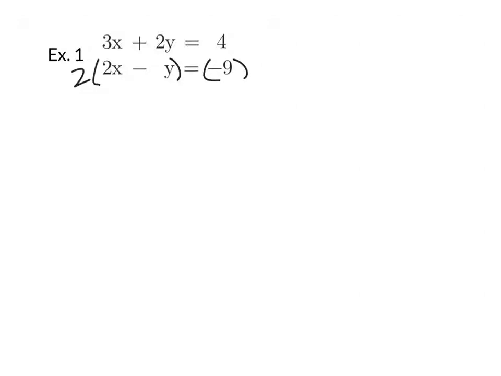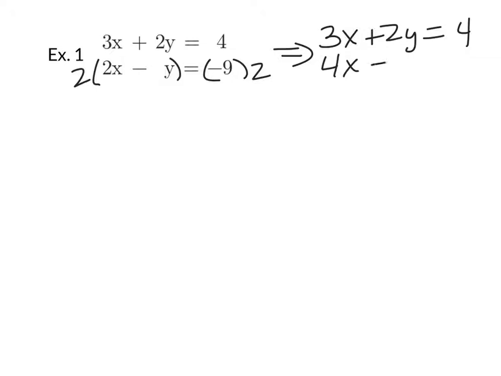Remember, you can do anything you want to an equation as long as you do the same thing to both sides. So now we rewrite the top equation, 3x plus 2y equals 4. That equation remains unchanged. And then the bottom equation, we're multiplying every term by 2, so it will be 4x minus 2y equals negative 9 times 2, which is negative 18.